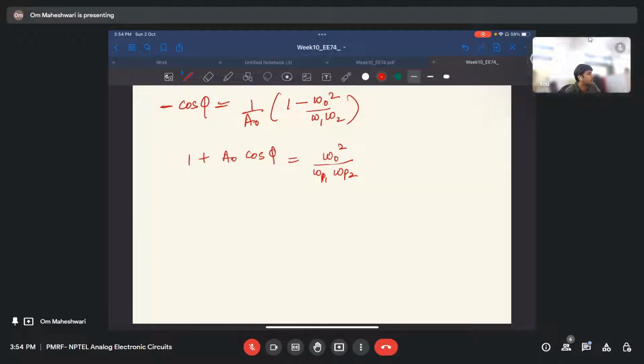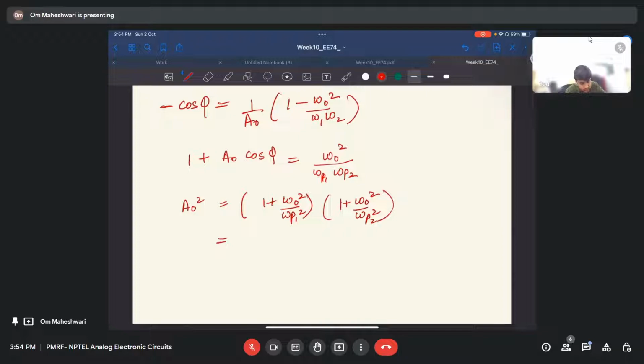And we know a naught square is 1 plus omega naught square by omega p1 square times 1 plus omega naught square by omega p2 square. This we had solved first.